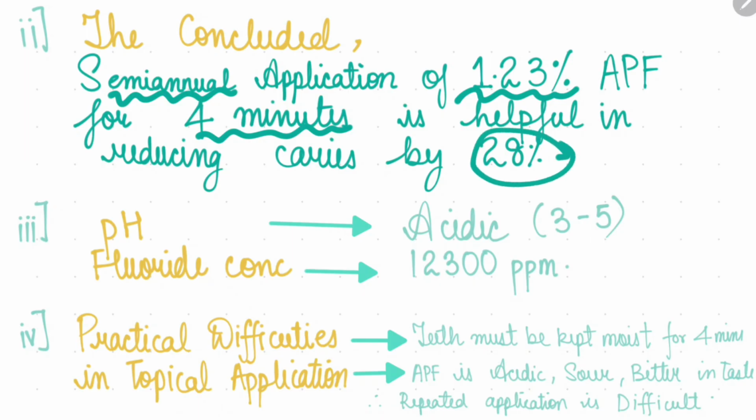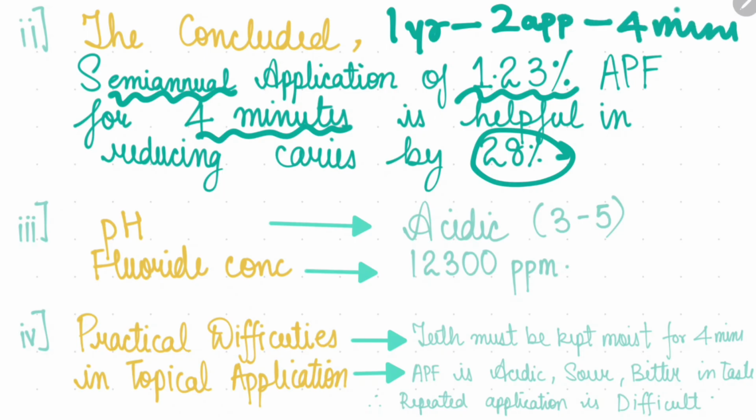So what is this statement saying to us? In 1 year, there'll be 2 applications of APF for 4 minutes, right? So semi-annual application of 1.23% of APF for 4 minutes is helpful in reducing caries by 28%.